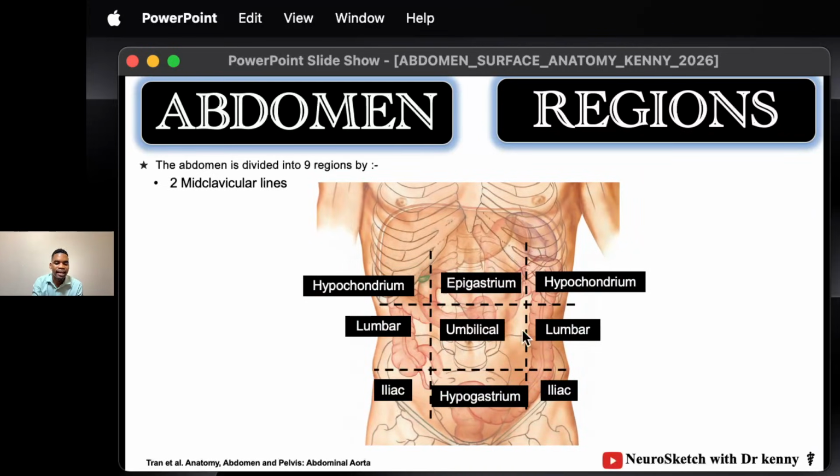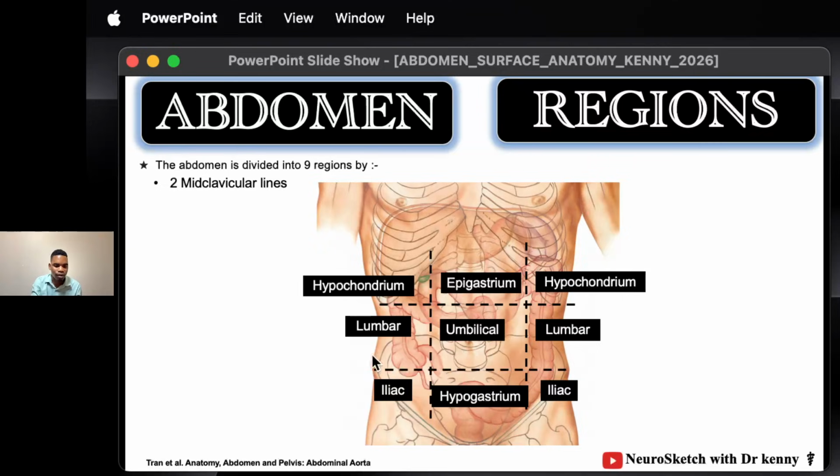So what are they? At the center, we have the umbilical region. Above the umbilicus, we have the epigastrium. Gastrium means stomach, so this region is mainly occupied by the stomach. Because of the epigastrium, we also have a hypogastrium. On either side of the umbilical region, you have the lumbar region.